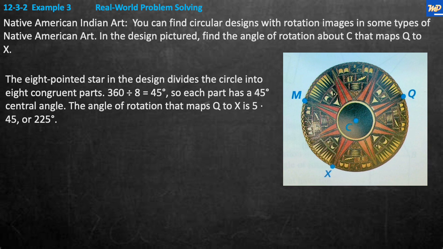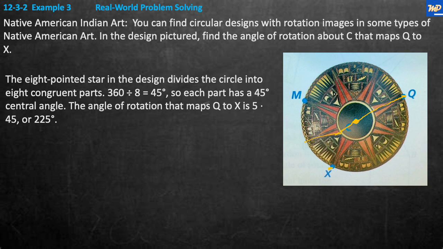So if you look here, here is the C where they're rotating right in the middle. Here's Q over here, and they're going to rotate all the way around the circle over here to X. Well, if you look straight through, if you just draw your line right straight through the center, oops, I'm going down. That's a little better, I guess. That's the diameter.